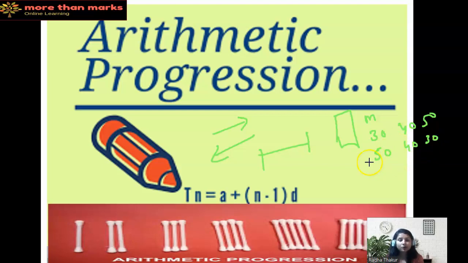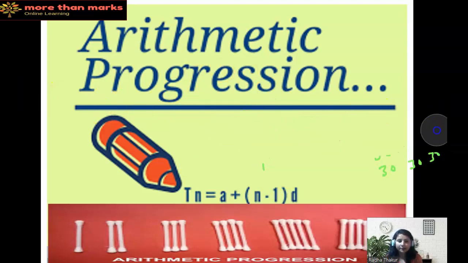In this case your marks are decreasing. Third case, you scored 30, 30 and 30. In this case your marks are constant, your whole year performance is constant. These kinds of series or patterns are called arithmetic progression. Fine, let's go to the next slide.